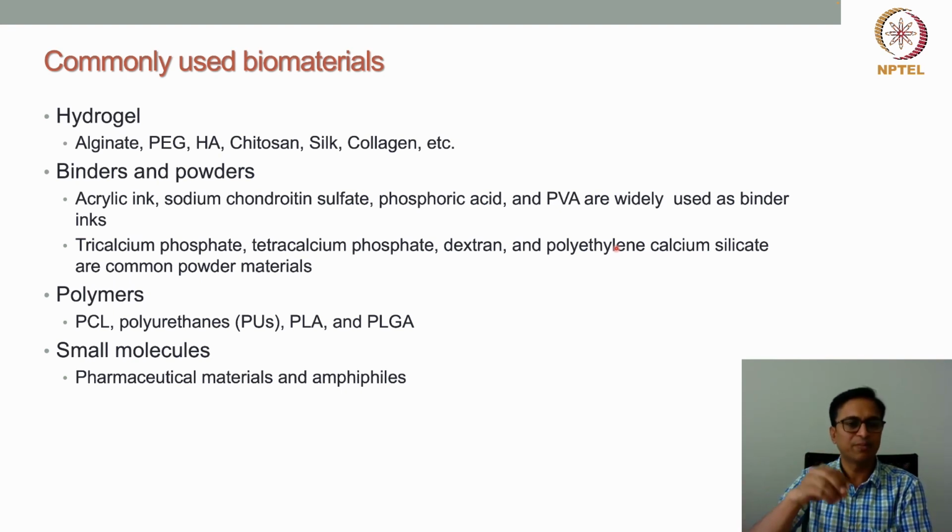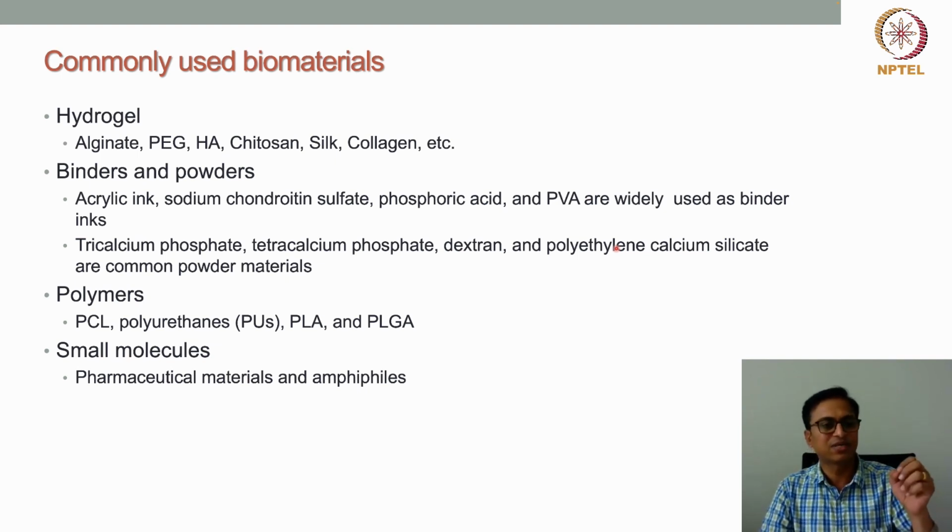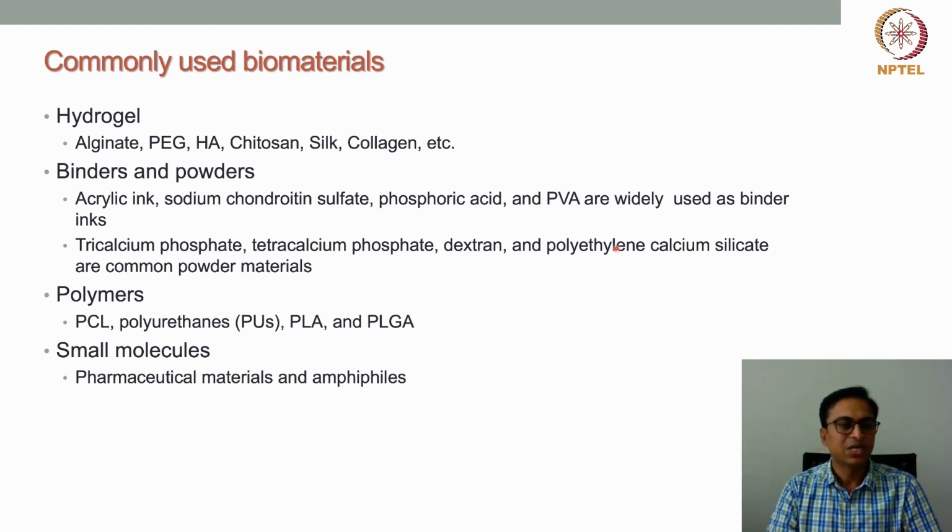As soon as this aqueous or organic liquid medium touches the powder bed where the binders are already pre-mixed, it will dissolve the binder, and then the binder will bind the powders. Or the other way is we can spray directly: we can generate droplets of the binder solution, and that can be used for making 3D structures.